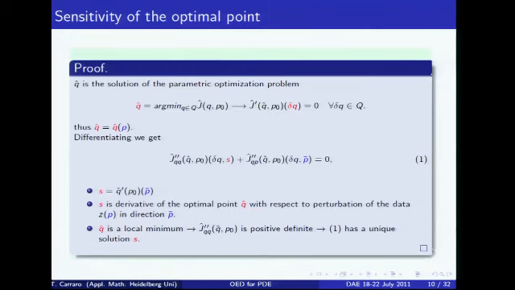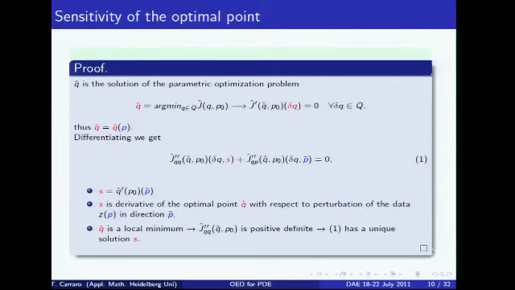So we differentiate the first order condition, and we get exactly what I showed in the previous slide, where s, the direction in the parameter space, is the derivative of the optimal point taken at the point p0, so for given data, since I need the data to solve the least squares, taken in direction p bar, a special direction in the perturbation of the data.